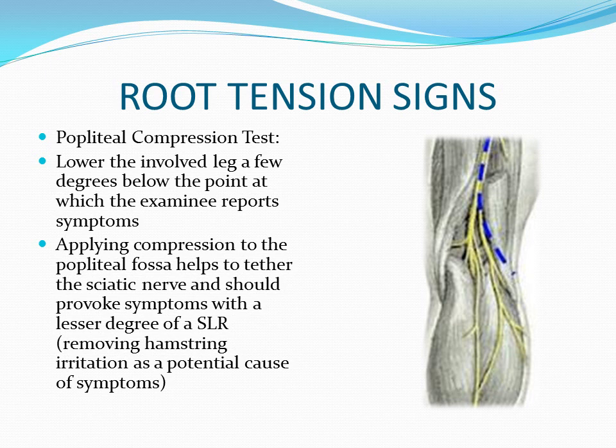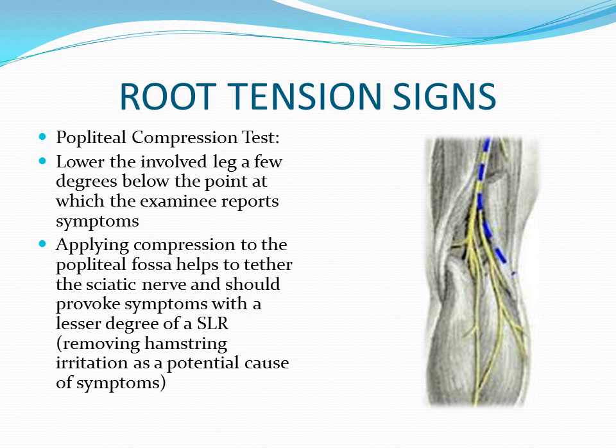So to use the popliteal compression test, what we do is we perform a straight leg raising maneuver, and we elevate the test limb up to a point at which the examinee reports sciatic nerve pain. And like we said earlier, that should be somewhere between 20 and 70 degrees of hip flexion.